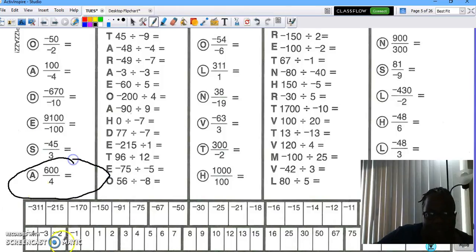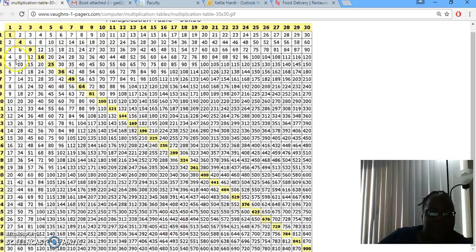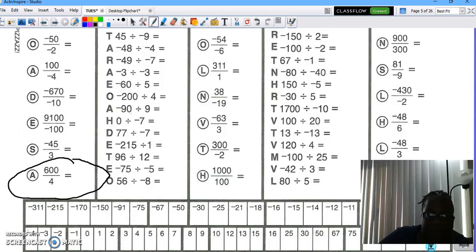I think I've done this one, but I'm not sure if I did it right because I was a little confused in the beginning. All right, because you have a 600, and if you look at the multiplication chart, if you look in the small number 4 and try to go to 600, you know it's not there. Okay, so what you want to do is take a 0 out.